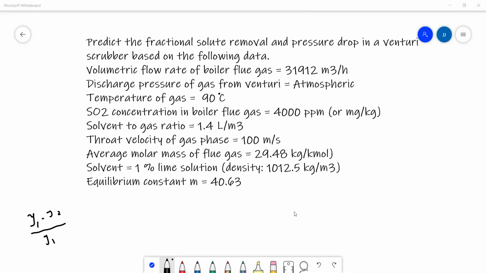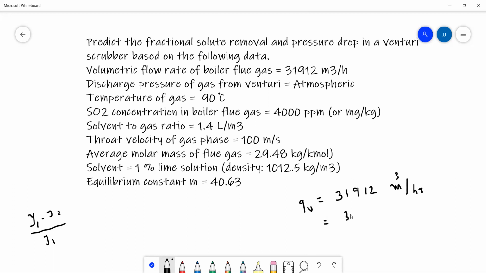All right. So here we are given QV, the volumetric flow rate, is equal to 31912 meter cube per hour. Somewhere we will use meter cube per second, so let's convert to meter cube per second.